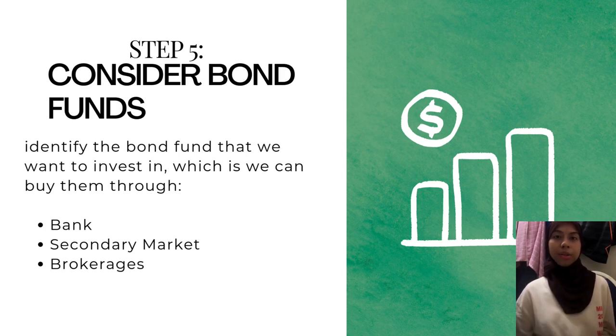Next is buying bond funds via the secondary market. The secondary market is where existing bond funds or exchange traded funds are traded. These can be bought and sold like shares on the Malaysian Stock Exchange. And the third one is buying through a broker, via a platform or investment firm. It allows access to a wide range of bond funds, both local and international.